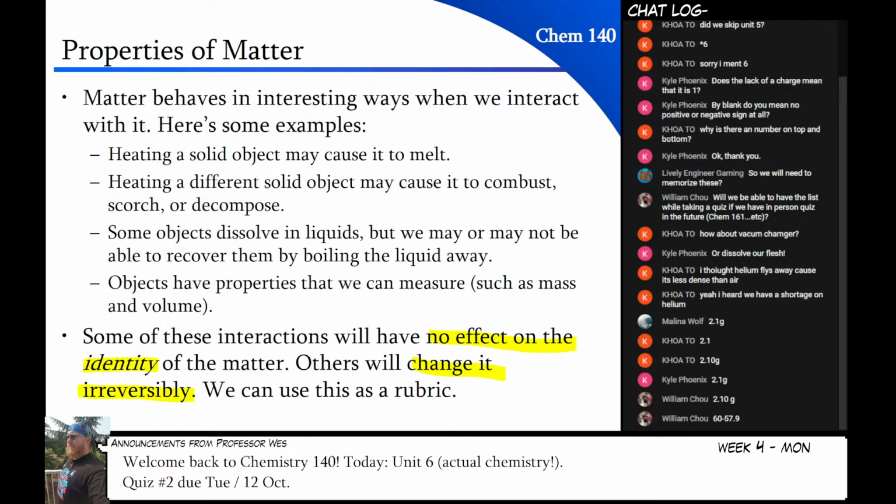So some of those actions can be recovering the aluminum foil. Others can't. You could replace aluminum foil with any other substance in this context, and in some cases you'll be able to recover the object. In other cases you won't because it's been irrevocably reversed. We're going to use that as our rubric, okay?